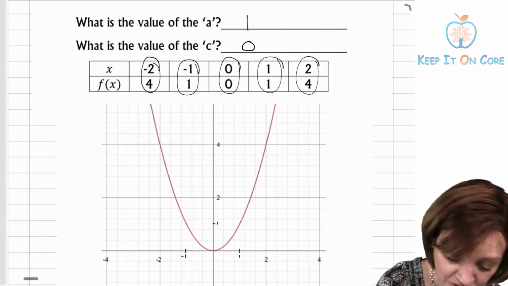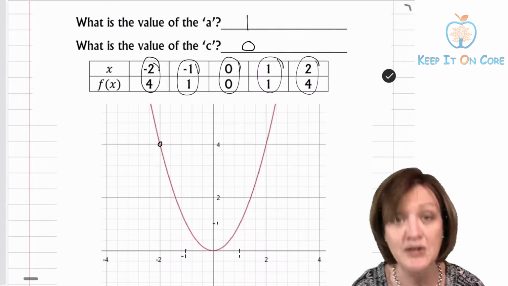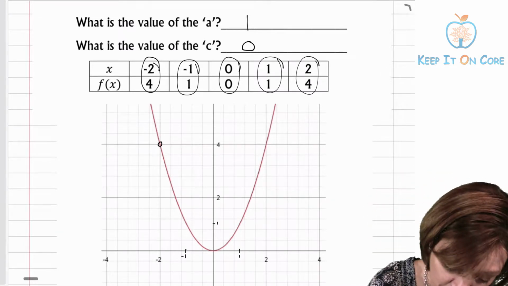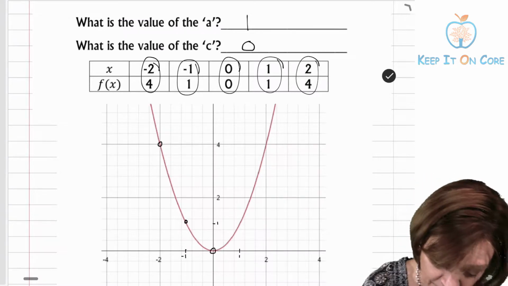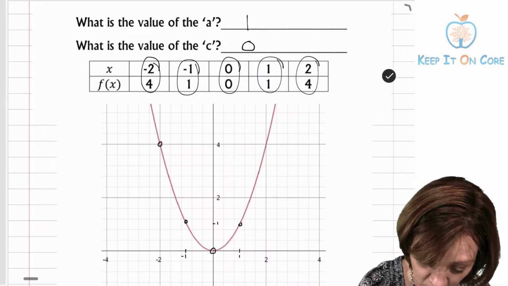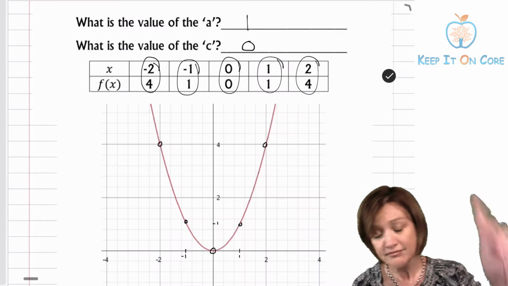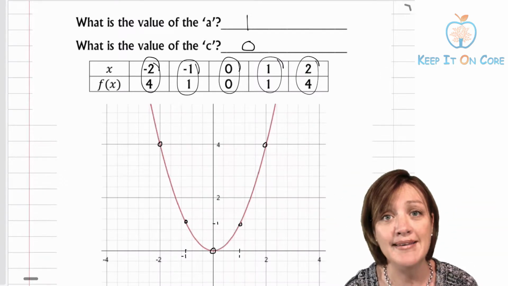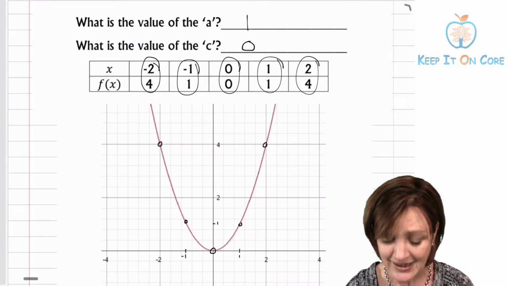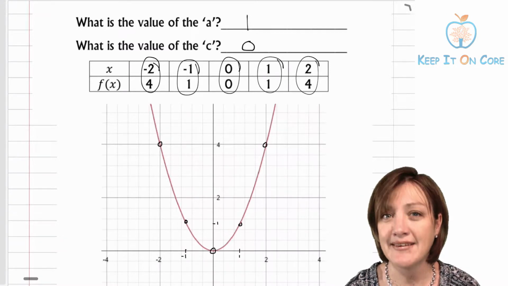All right, so that's exactly what we did. Where x was -2, y was 4, so that was the first point we plotted. Where x is -1, y is +1, so we plotted our next point there. At 0, 0 is our next point, 1 and 1, 2 and 4, and therefore that was how we got the shape of your y is equal to x squared. All right. Okay, so as I mentioned, that is as basic as a parabola gets.